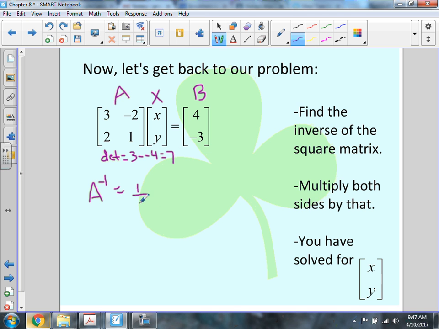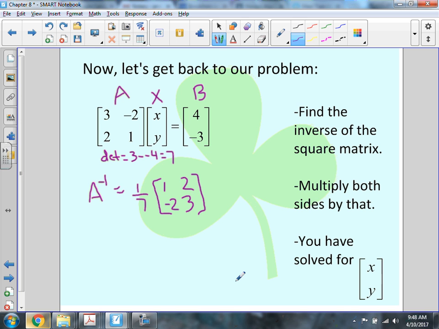So 1/7. So A inverse is 1 over 7, 1 over the determinant, times, we're going to flip the main diagonal. So these get flipped, these get negated. So the 2 becomes a negative 2, this 2 becomes positive, this 2 becomes negative.